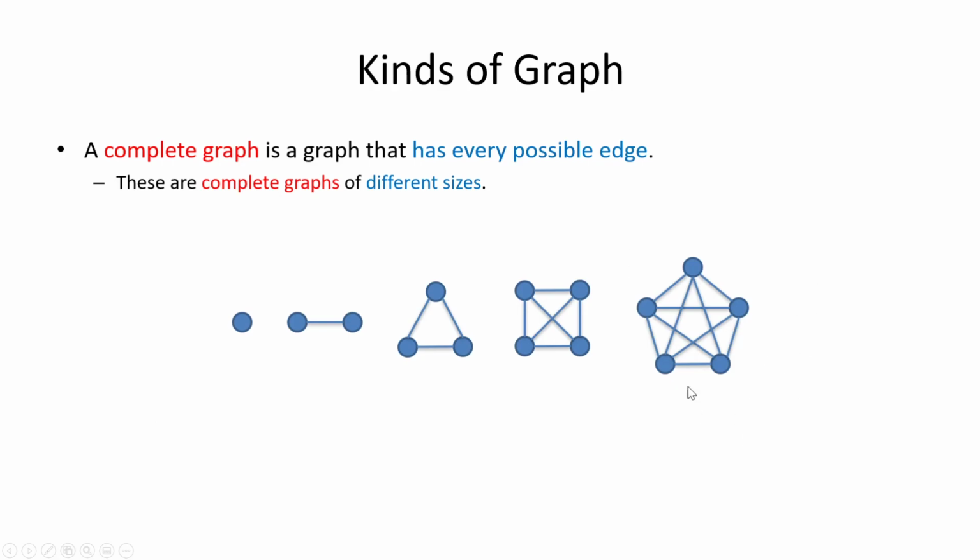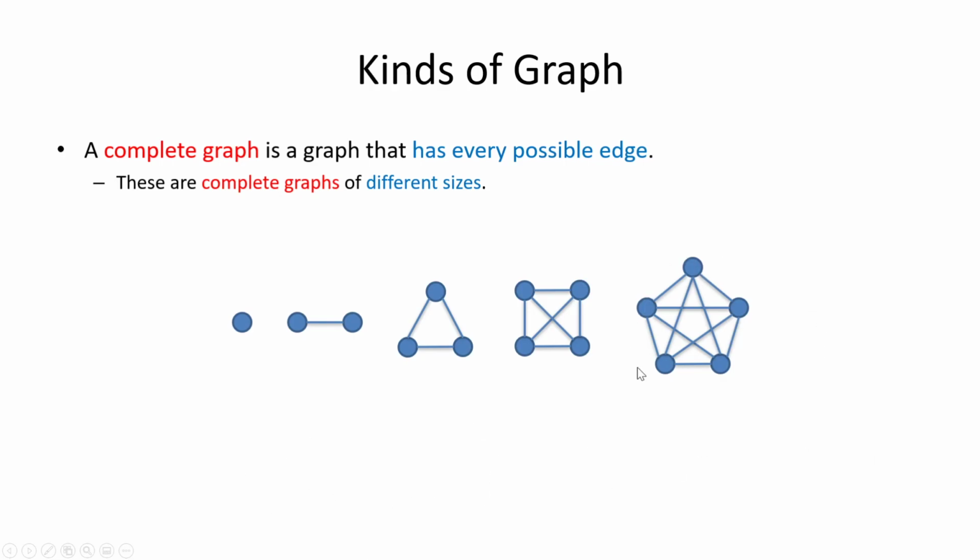I stopped at size 5 here, mostly because I got tired of drawing edges, but a hexagon with all the edges in it, you can imagine what that is. It's a hexagon with a couple of crossing over lines as well. Then next up, you could take 7 vertices.